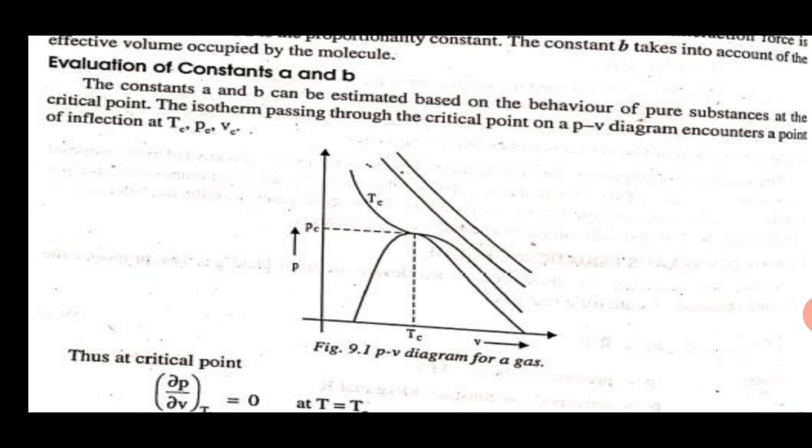The constants A and B can be estimated based on the behavior of pure substances at the critical point. The isotherm, the constant temperature line passing through the critical point on a PV diagram, encounters a point of inflection at Tc, Pc and Vc. You can see the line becomes flat.